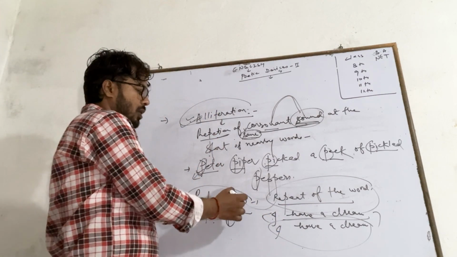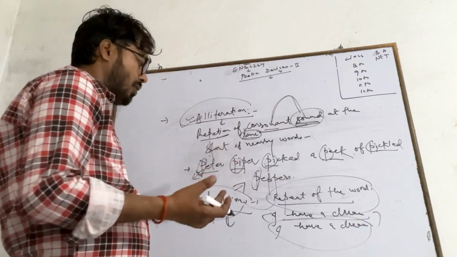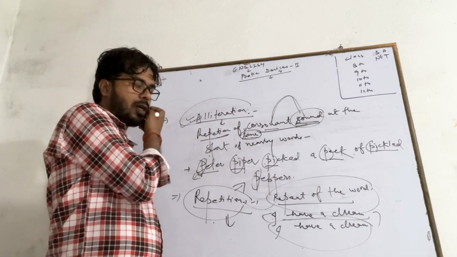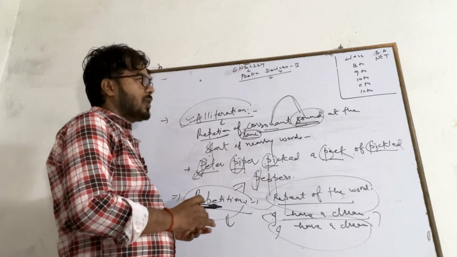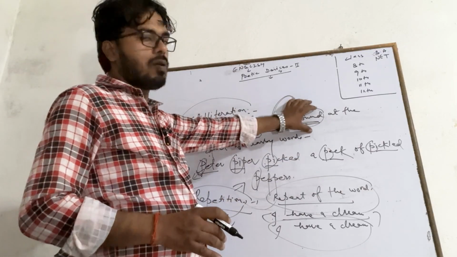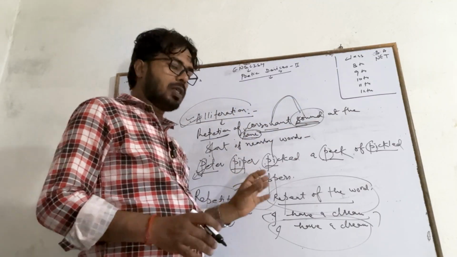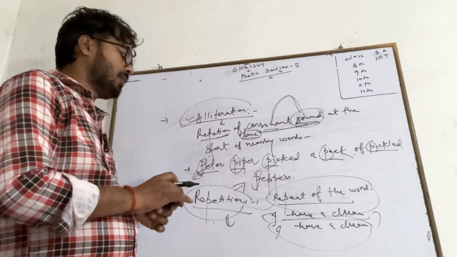In repetition, it matters about the word. That word might start with a vowel sound, it doesn't matter. What matters is that the word should be repeated. What is the difference between word and sound? A sound is created by a particular letter, but in repetition there is a word, and that word should be repeated.